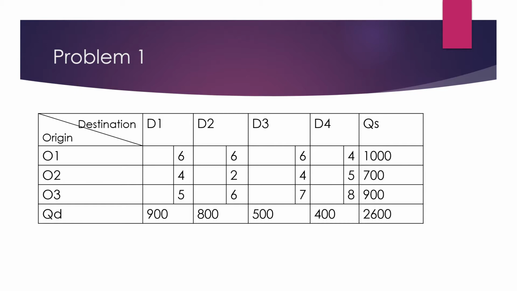Whereas to satisfy this demand we have three origins O1, O2 and O3. O1 has the supply of 1000, O2 has the supply of 700 and O3 has the supply of 900. Altogether it makes 2600. Since the demand and supply are equal, this makes a balanced transportation problem.